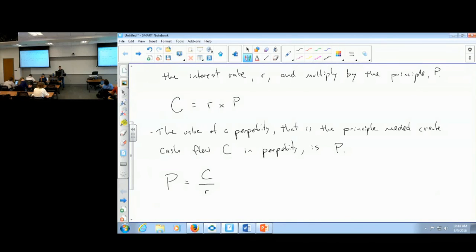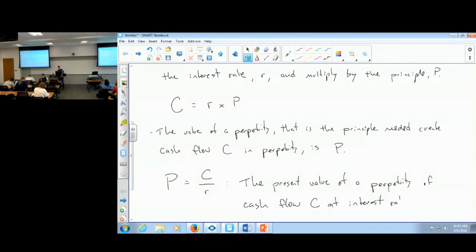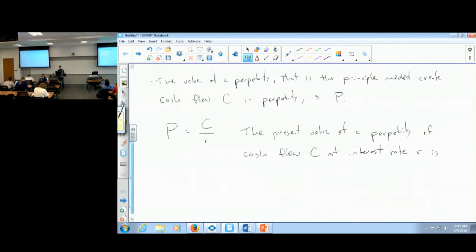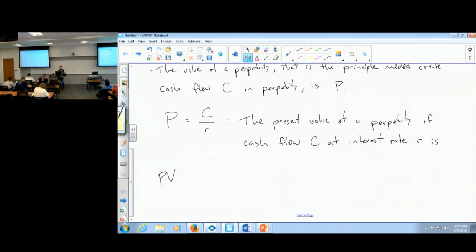So an equivalent way to state this: the present value of a perpetuity of cash flow C at interest rate R is, so now I'm going to use PV for present value instead of the principal amount, just the cash flow divided by the interest rate.